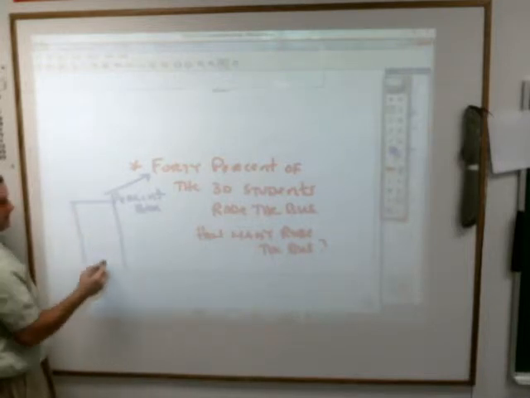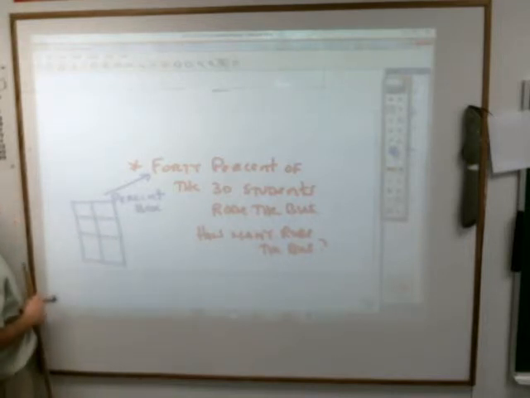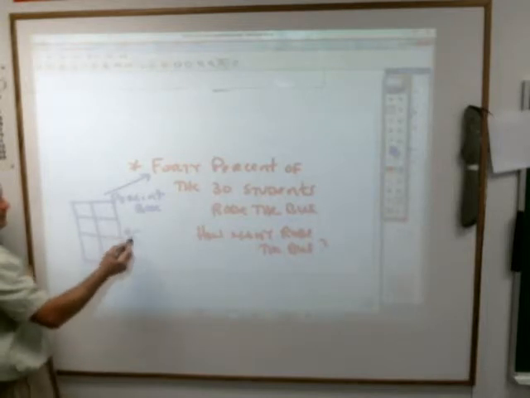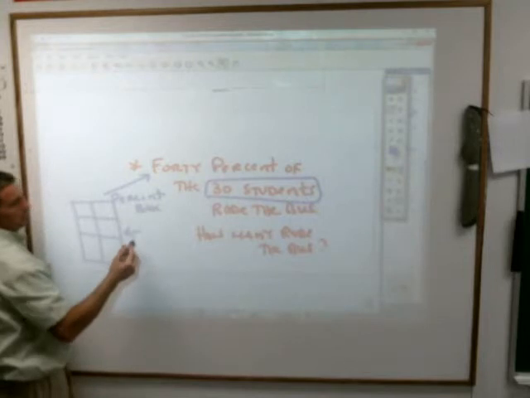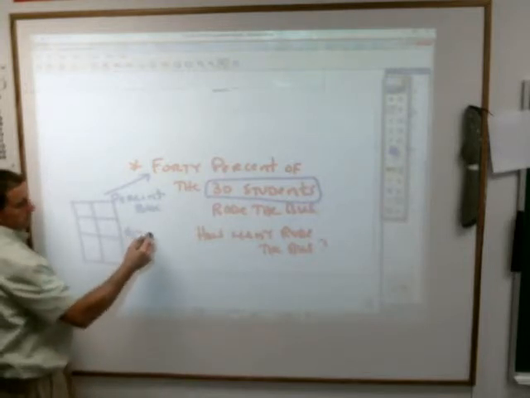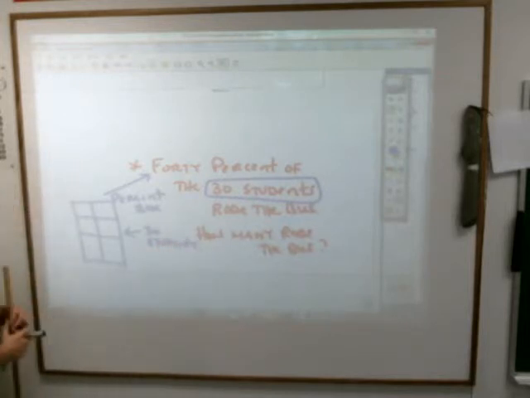If you make a little box here, the box stands for what you're talking about, all of this right here. That box stands for 30 students. I am breaking those 30 students up into percents.